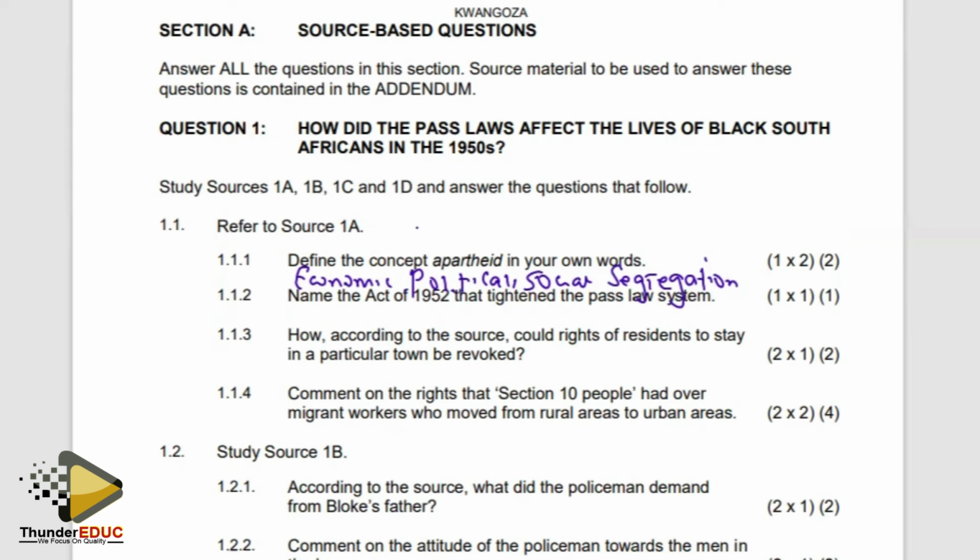So it was the Abolition of Passes and Consolidation Act. Move on to the next one.